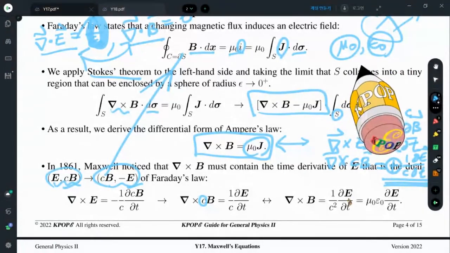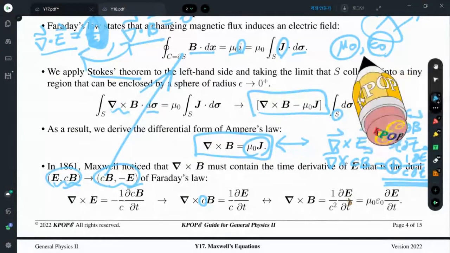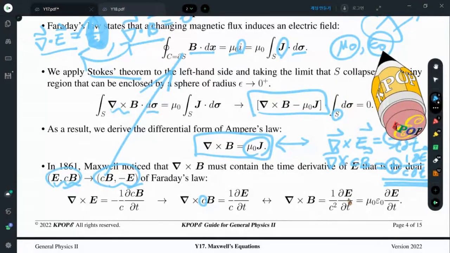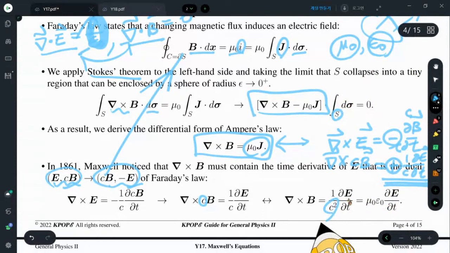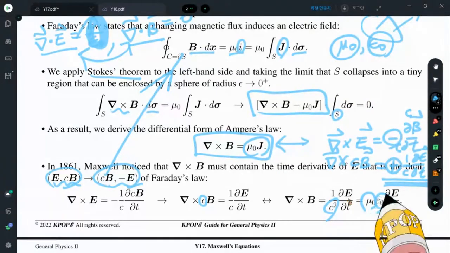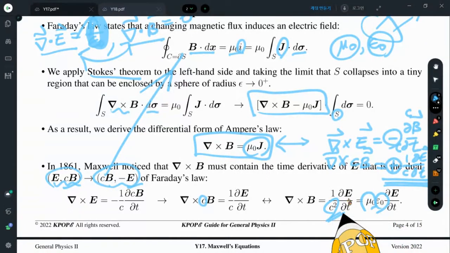And the speed of light was also known, with a little bit larger uncertainty relative to what we know. By accident, he found that this should be the speed of light. The numerical values of the permeability constant and permittivity constant showed him that it is exactly the same as 1 over the speed of light squared.